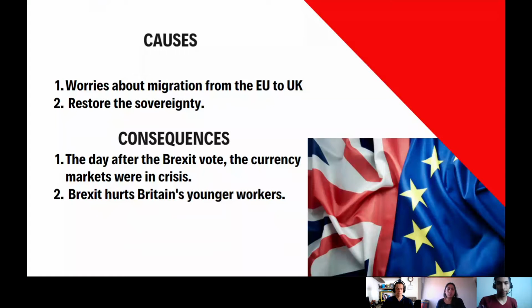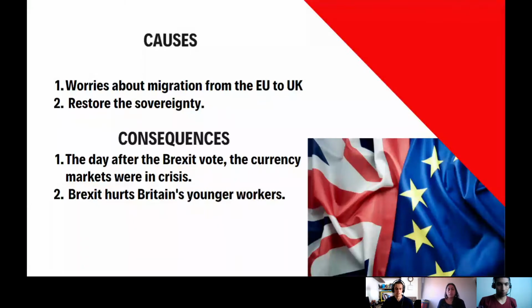Okay, about the consequences of Brexit, one of them was that the euro fell by 2% to 1.11, and the pound fell too, by 8% to 1.36. Both increased the value of the dollar.